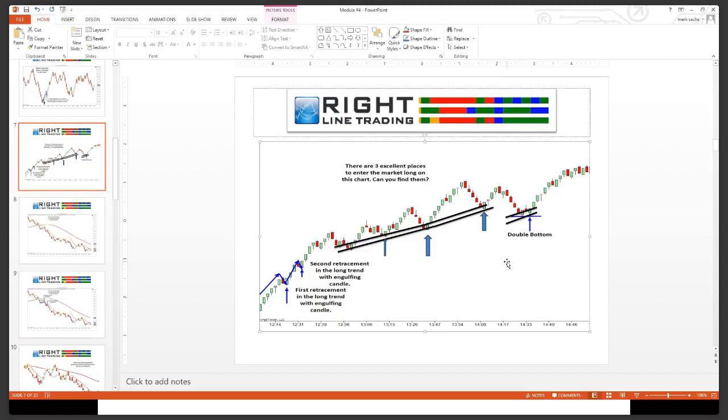Let me just see. No, Roger, I agree with you. Here's the thing. I don't want to bring momentum and I don't want to bring indicator confirmation into these trades yet.